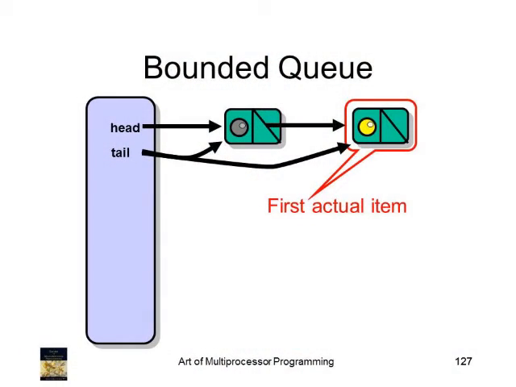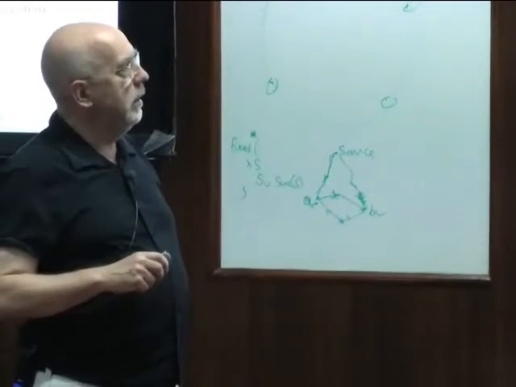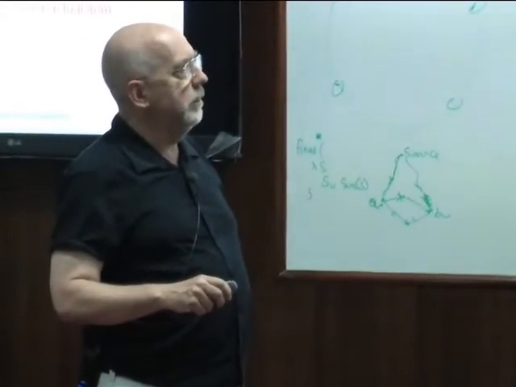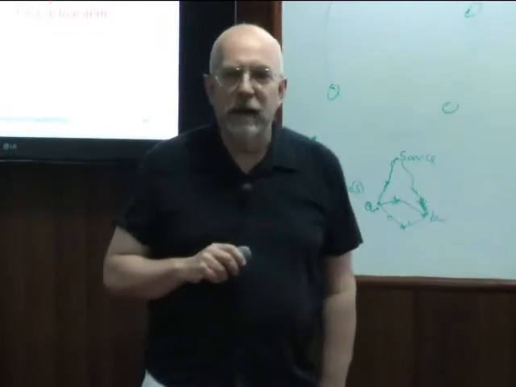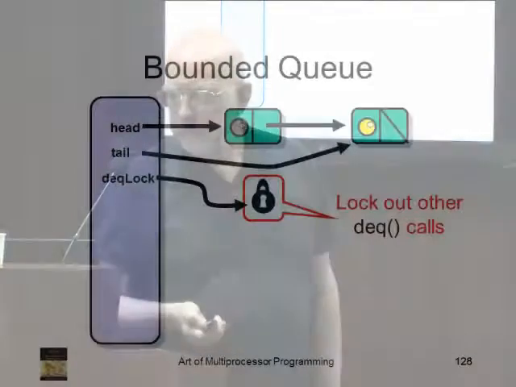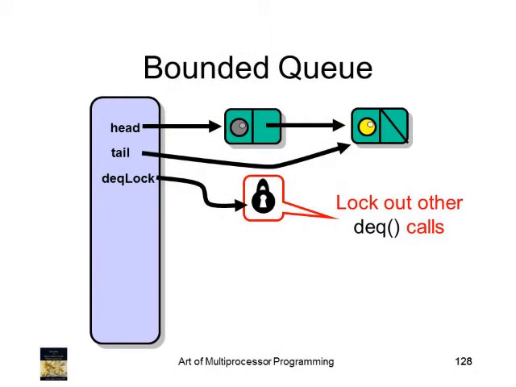So now when we want to enqueue something, what we'll do is we leave the head pointing here. The tail points to the new item, and that's the first item that is actually in the queue. In order to make synchronization work, we'll have one lock that when you acquire it, it locks out all other dequeue calls.